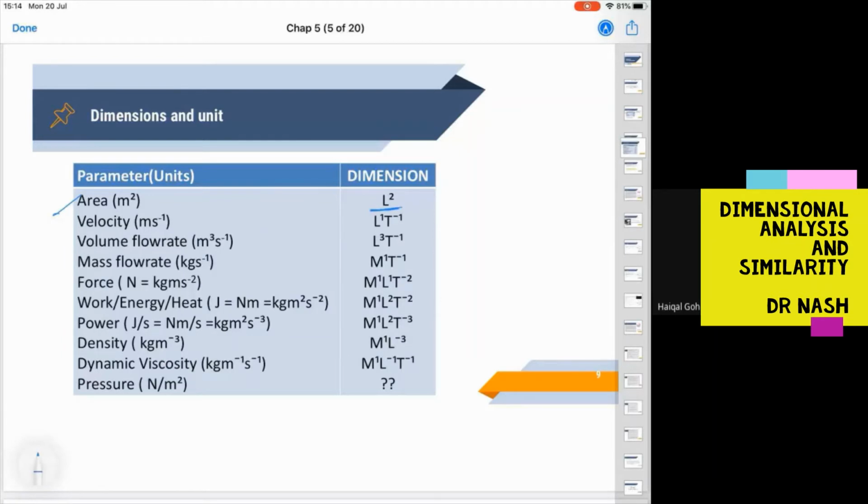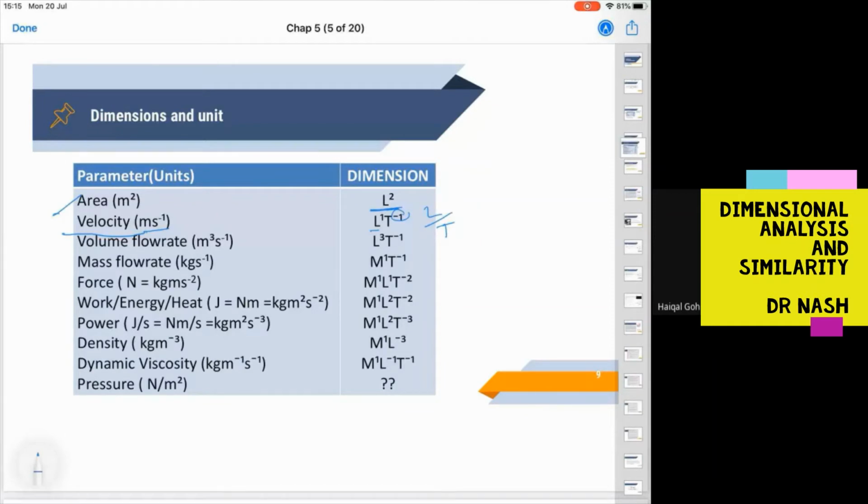Velocity, m over s, and then we can have L power of 1 over T, ataupun macam ni pun boleh, kan? Tapi bila you letak di naik atas, then you can see the exponent is power of -1. It's power of -1.